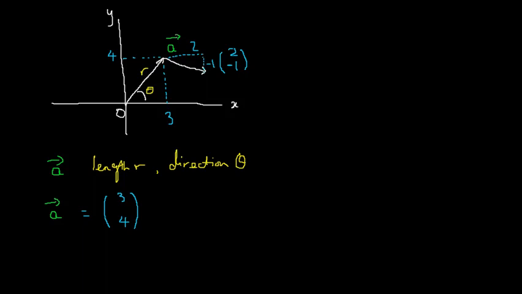So therefore, I can describe the vector using this column vector with the two numbers 2 and -1. So now I have this vector which I shall call vector B. Okay, I have my two vectors now.